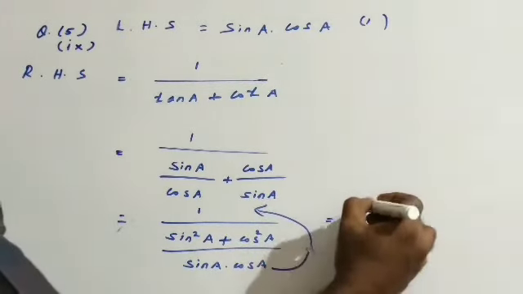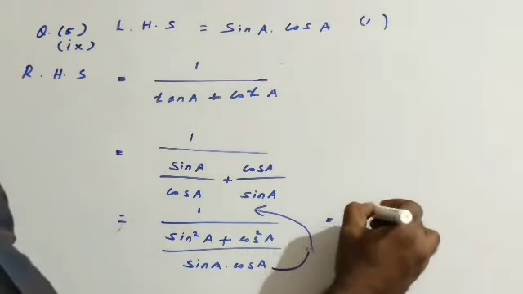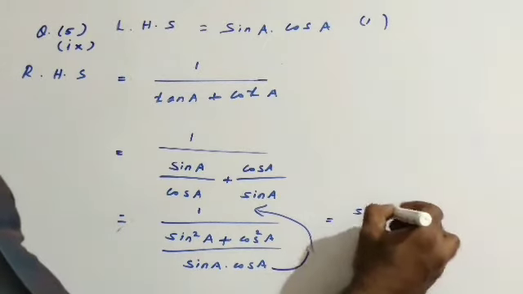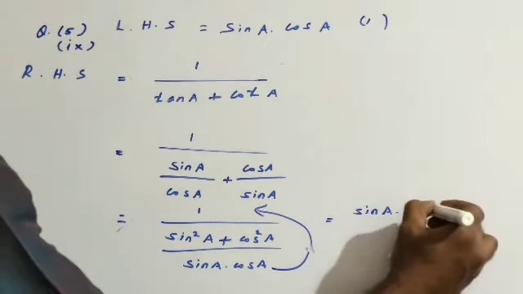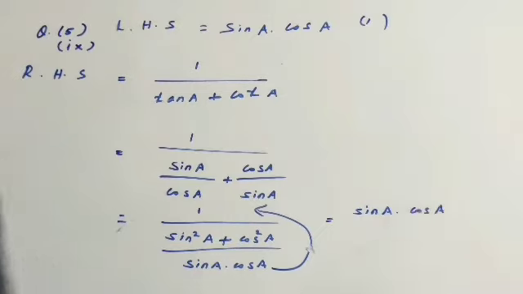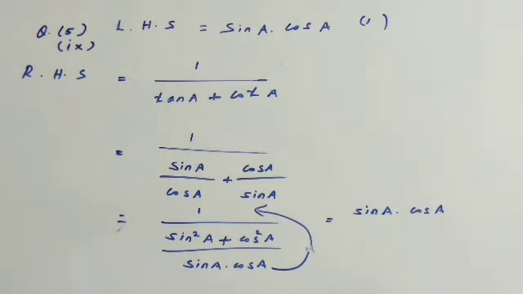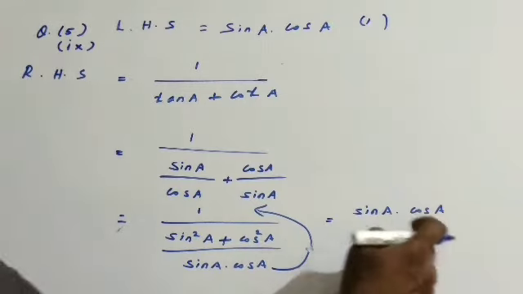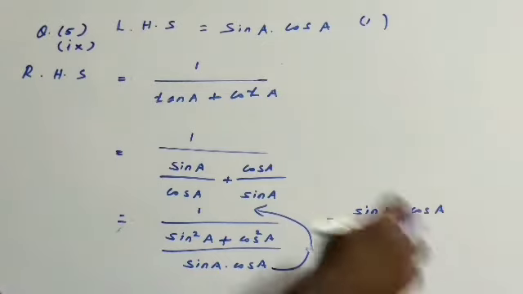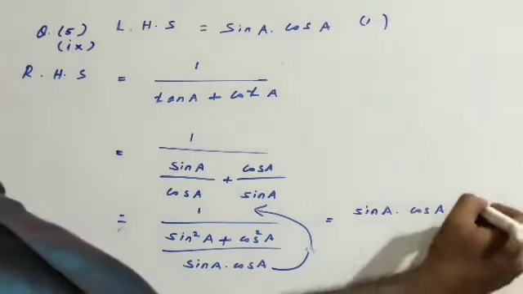So sin A into cos A by sin square A plus cos square A. We know the identity sin square theta plus cos square theta equal to 1. So sin square A plus cos square A is 1. Sin A into cos A by 1 gives sin A cos A.